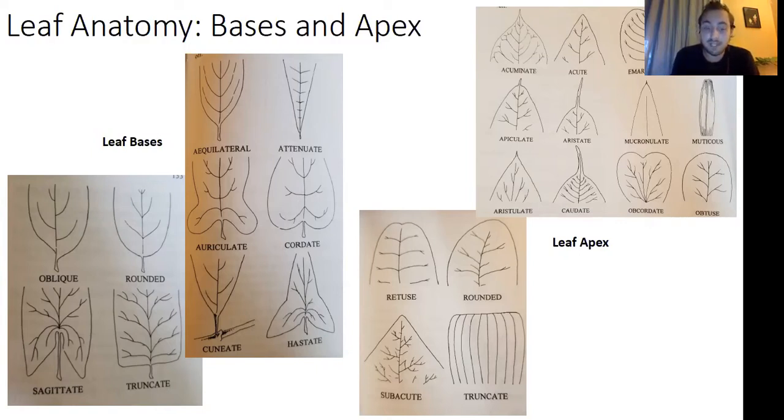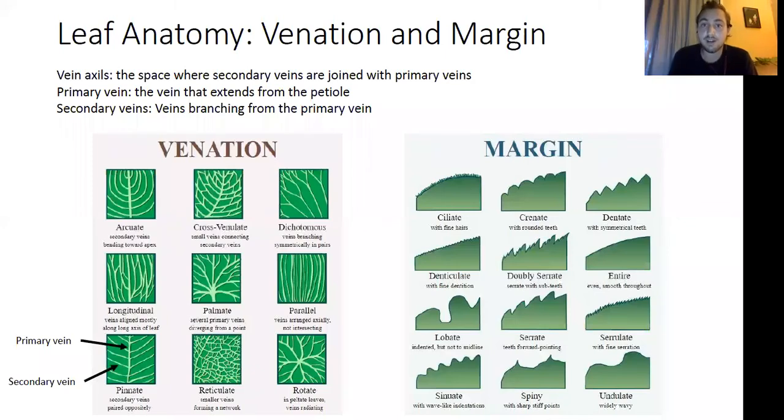So we'll move on from our bases and apex and look at our venation and leaf margin, or the edge of a leaf. For venation, there are two different types of veins: primary veins and secondary veins. The primary vein is the vein of the leaf that connects to the petiole. So it's basically an extension of the petiole into the leaf. And then secondary veins are branched directly from the primary vein.